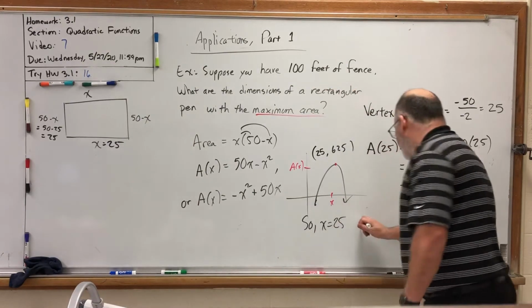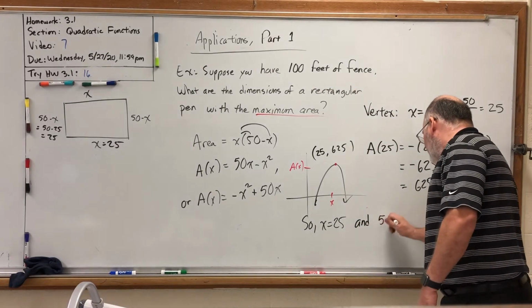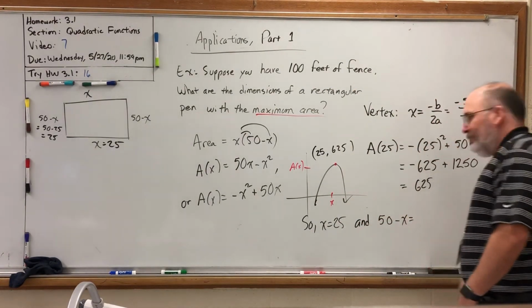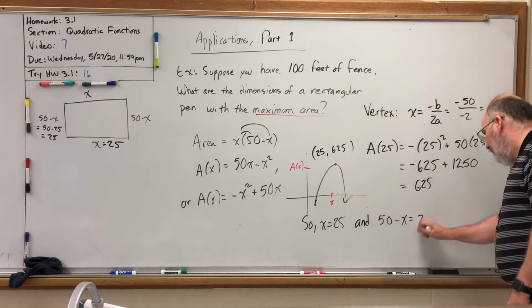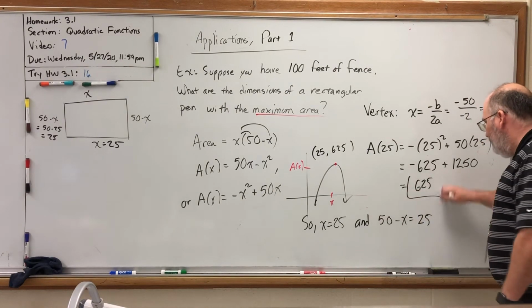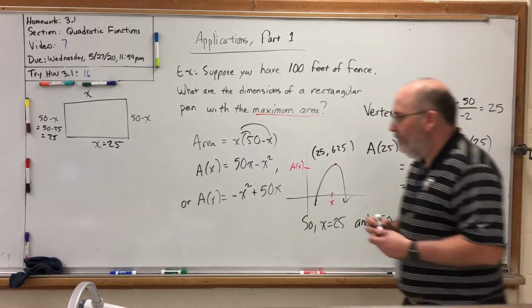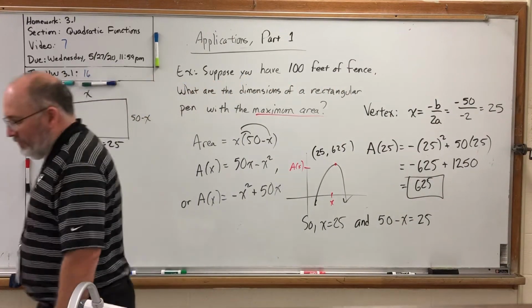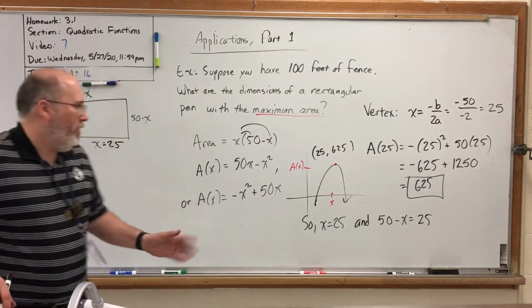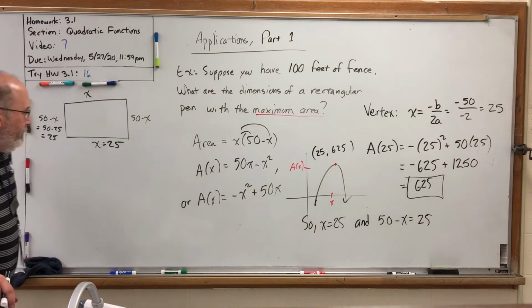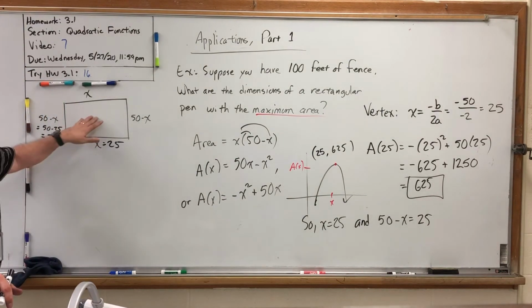So one dimension is 25, and the other dimension, which we only called 50 minus x, we never called it a different letter, is 25, giving us a largest area of 625. Did your instinct say earlier, make a square? Well, in this case, you would have been right. But not all the biggest pen areas are squares. This one happens to be.